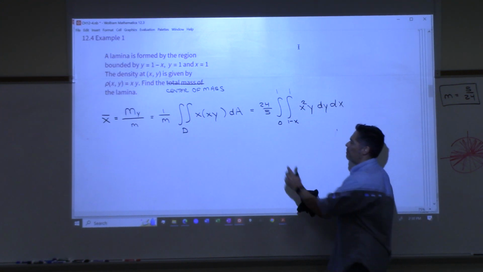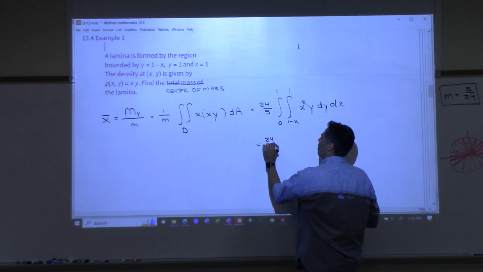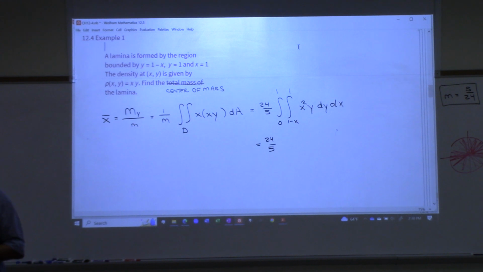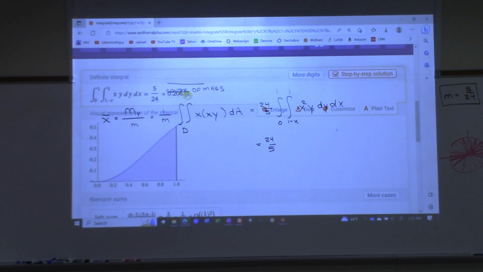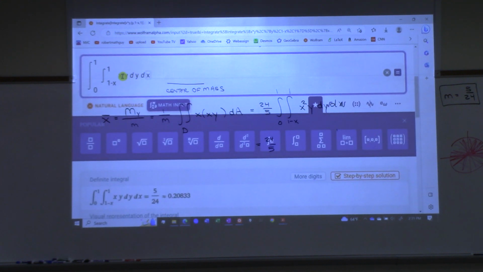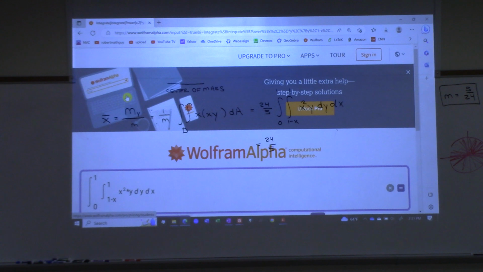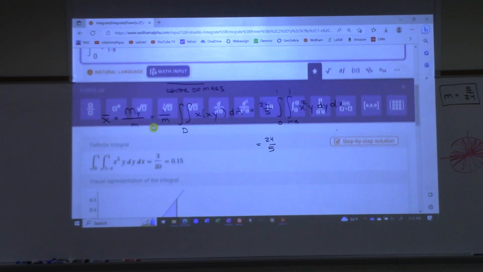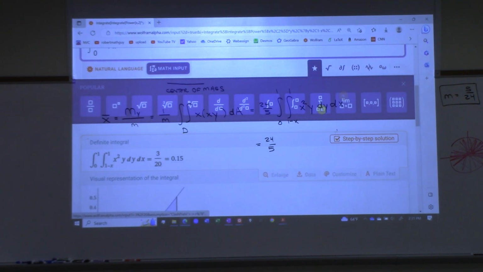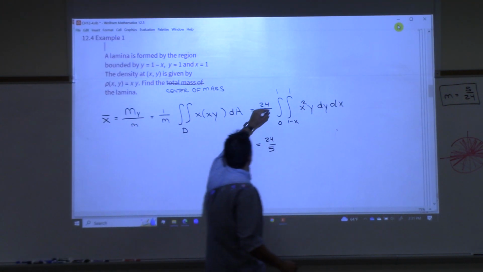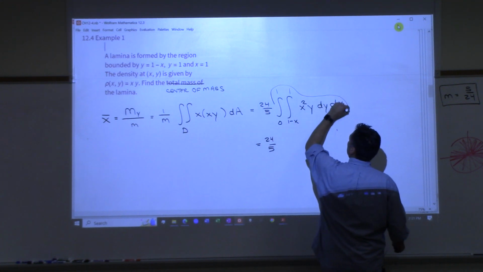So I'm going to go to the computer and have it do that for us, okay? I'm going to go up here and all I'm going to do is change that to x squared. And that should give us 3 over 20. I had the computer do just this integral.